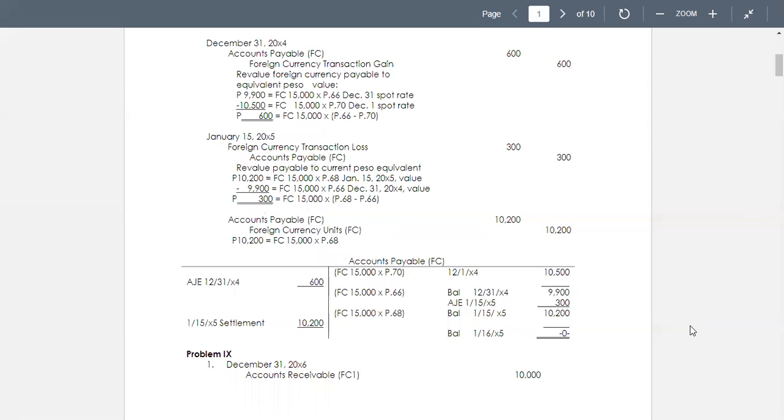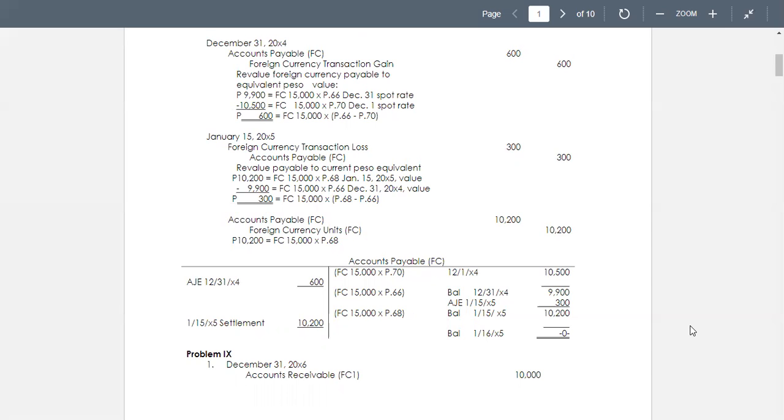Next, problem 9, adjusting entries for foreign currency balances. CDL imports and exports chocolate delicacies. Some transactions are denominated in Philippine pesos and others in foreign currencies FC1 and FC2. A summary of accounts receivable and accounts payable on December 31, 2006, before adjustments for the effects of changes in exchange rates during 2006, follows.